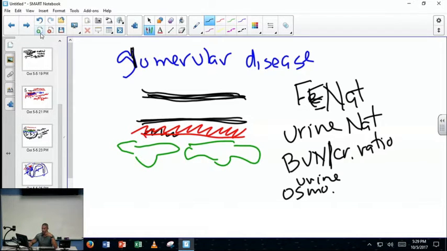So anything that causes disease of these 3 components, 1, the glomerular capillary, 2, the basement membrane, or 3, the podocytes, any problem with any of those 3, you have a glomerulonephritis. That's all that means. You have some kind of infective or inflammatory process, autoimmune process, you name it, genetic process also, that can affect any of these 3 layers, or all the layers.